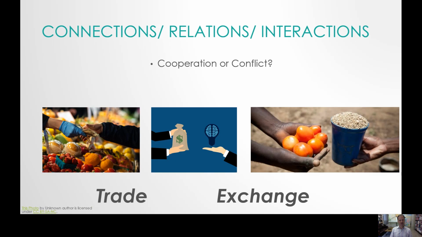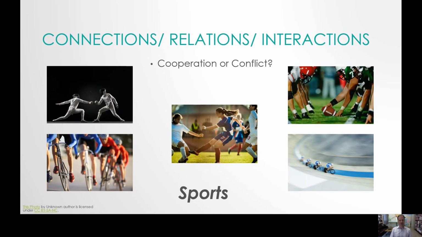And then we have this other kind of interaction. So we could say, talk about a kind of trade or an exchange. And is this a kind of cooperation or is this a kind of conflict? Well, of course, it's cooperation too, yes, because both sides must agree to the trade or they must agree to the exchange.